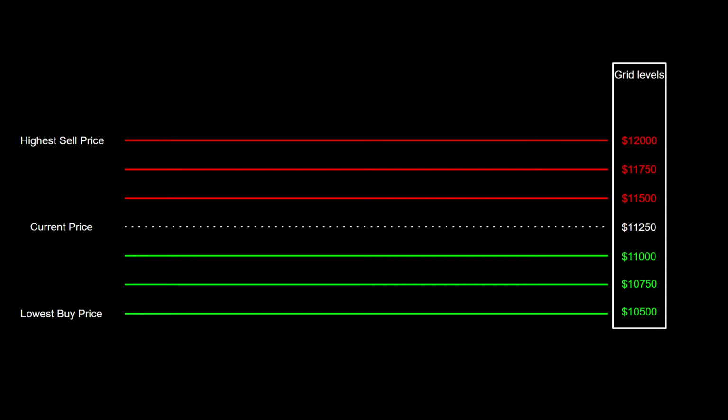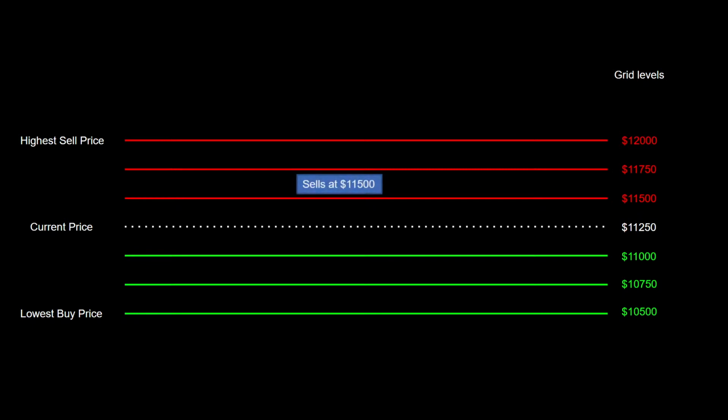So you never end up buying or selling crypto at only one price. The average price at which you buy and sell the crypto always changes because it always buys at a lower price and sells at a higher price.